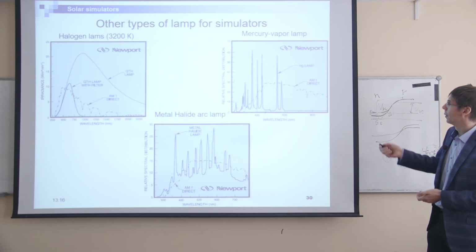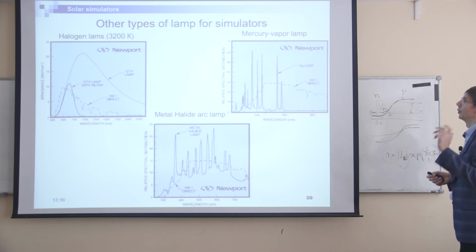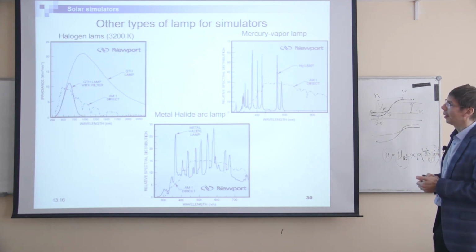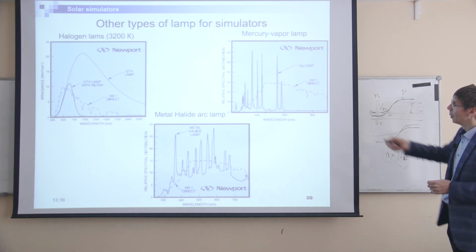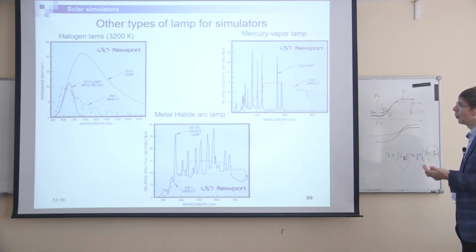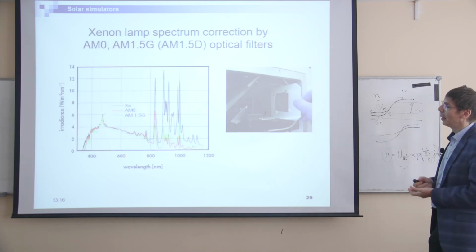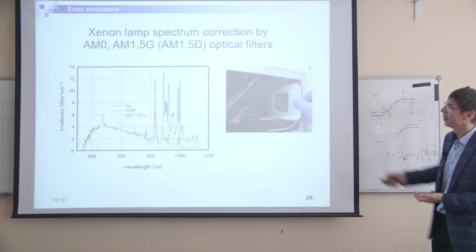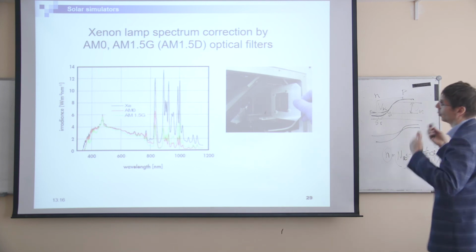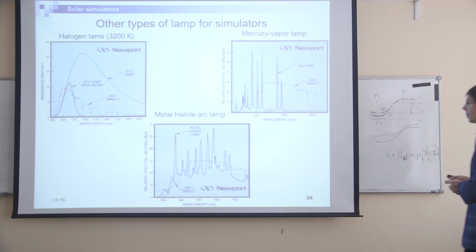Another type is arc lamps like mercury or metal halide, where the main problem is the peaks. Actually, a xenon lamp already has some peaks also, but due to this baseline, it's acceptable to work with. But for other types of lamps, it's not a good idea.